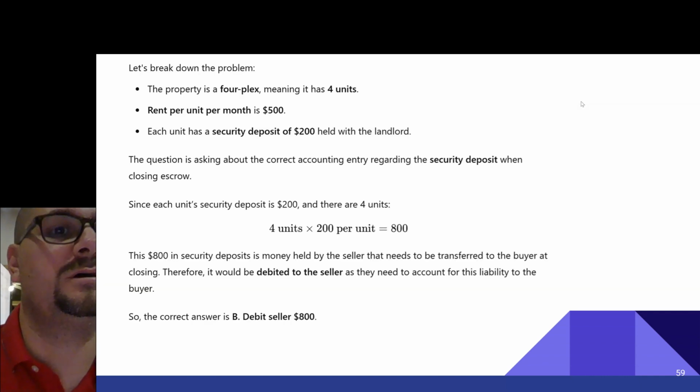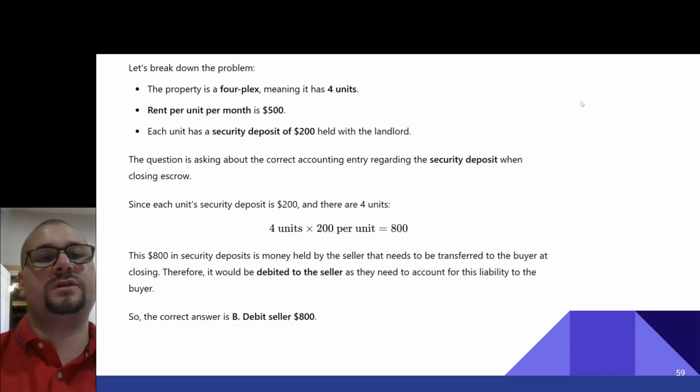So the property is a fourplex, meaning it has 4 units. Rent per unit per month is $500. Each unit has a security deposit of $200 held with the landlord. So the question is asking about the correct accounting entry regarding the security deposit.